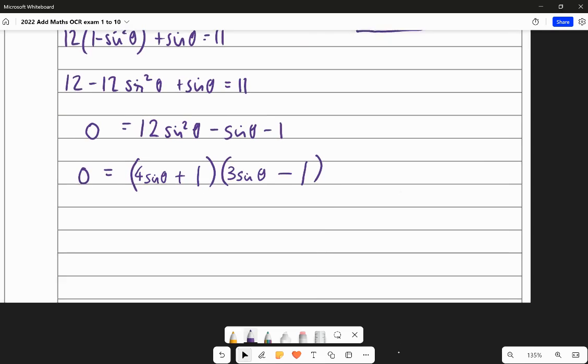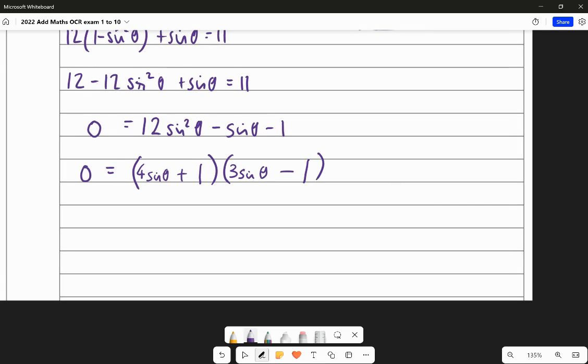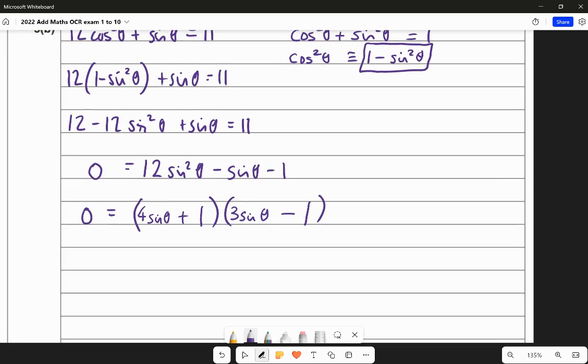As a result, then I know that sine theta, from this one here, in order to make that bracket equaling 0, then sine theta needs to be negative 1/4. For this bracket to make 0, then sine theta would have to be positive 1/3.